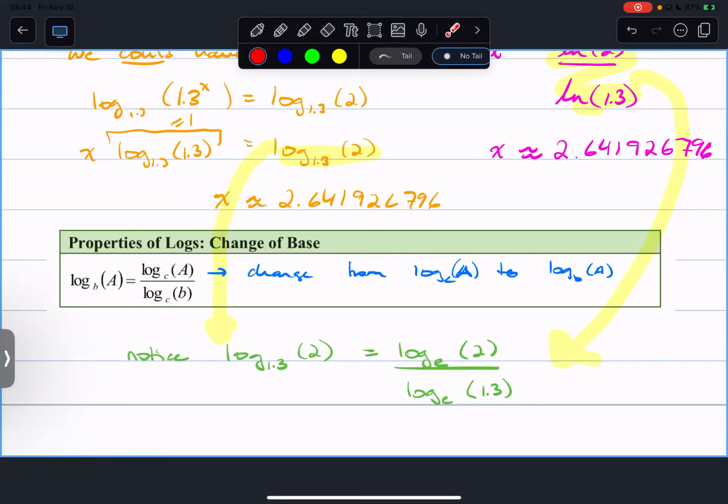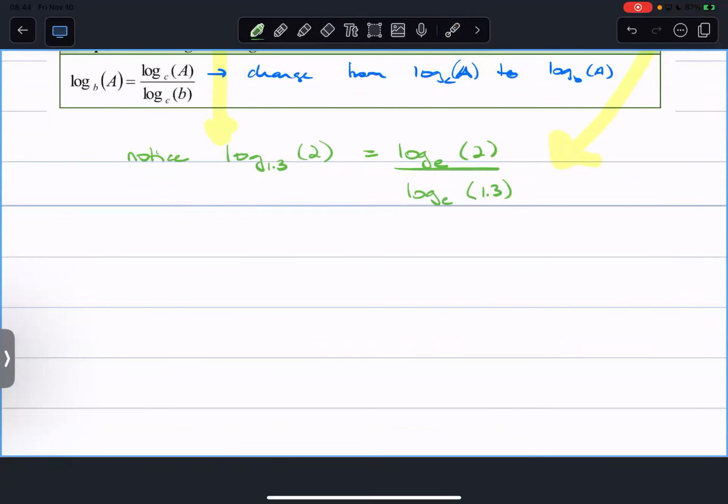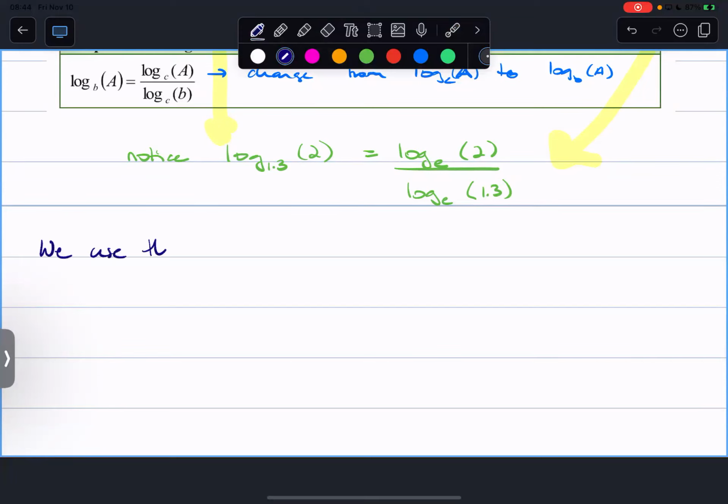And so this is how you would use, if your calculator doesn't have a specific base button, the change of base formula.